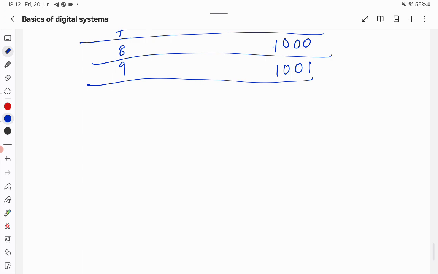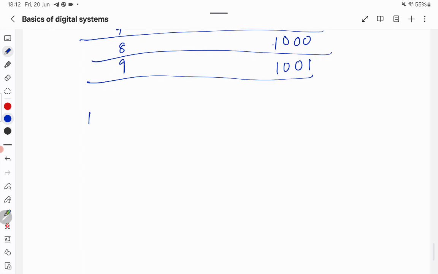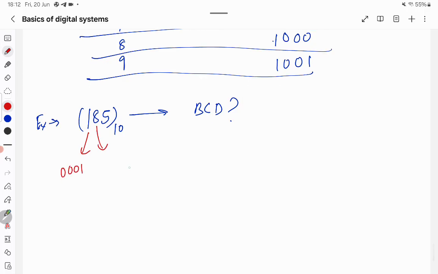If you have a conversion like convert 185 from decimal to BCD, how will you convert? How will you write 1 in BCD? 0 0 0 1. 8 can be written as 1 0 0 0. 5 can be written as 0 1 0 1.